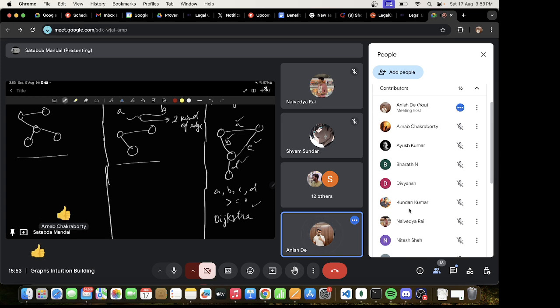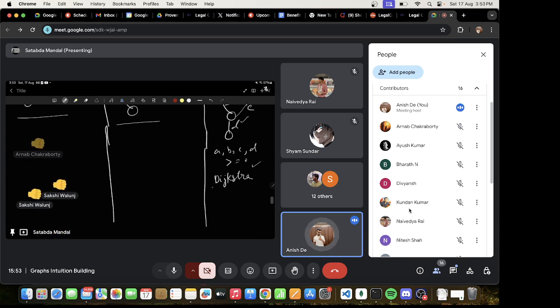Okay, so use Dijkstra only when there are different or unique kinds of edges. Use 0-1 BFS only when there are two kinds of edges, and when the graph is unweighted or every edge has the same weight, use simple BFS.